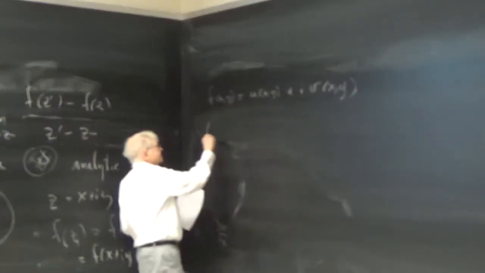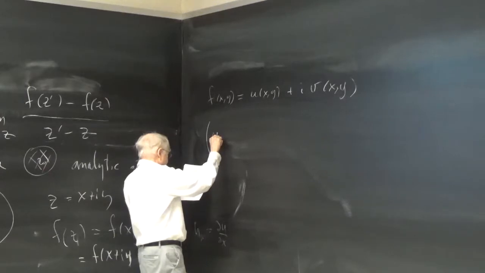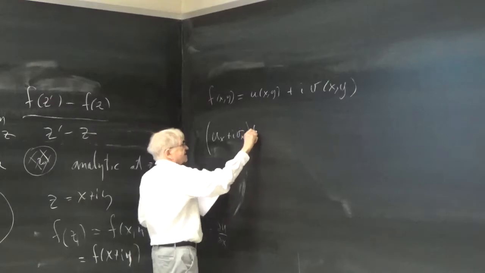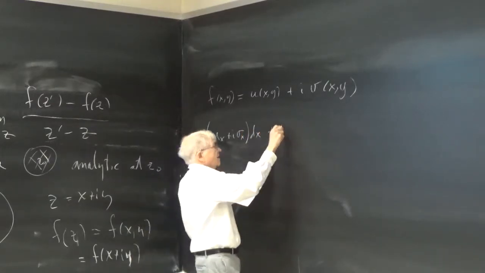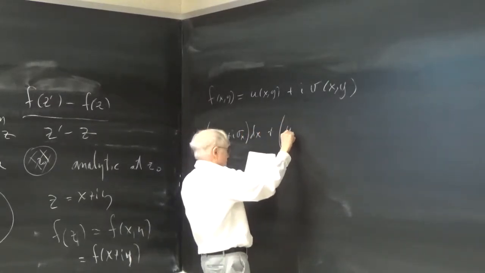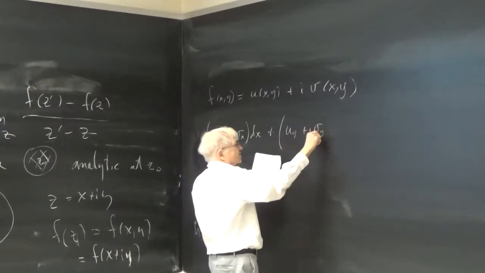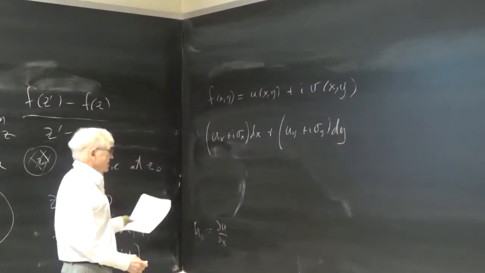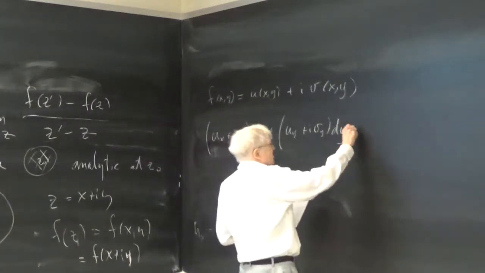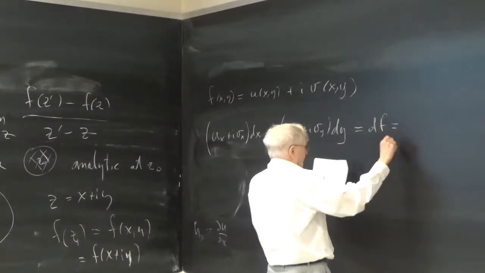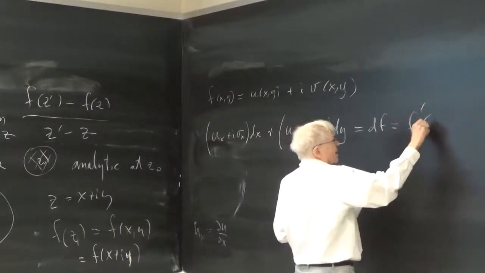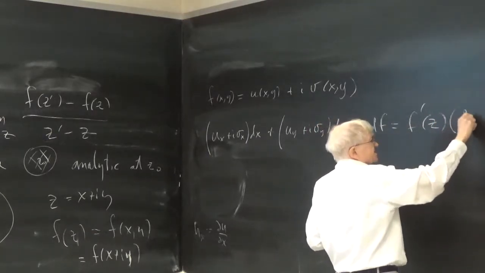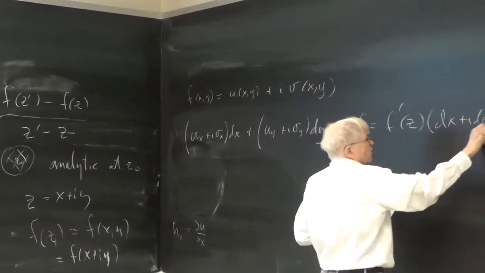Then this would be u sub x plus i v sub x, dx, plus u sub y plus i v sub y, dy. Well, that's the change in f, so that's df, and that would be f prime of z, and the change in z is dx plus i dy.